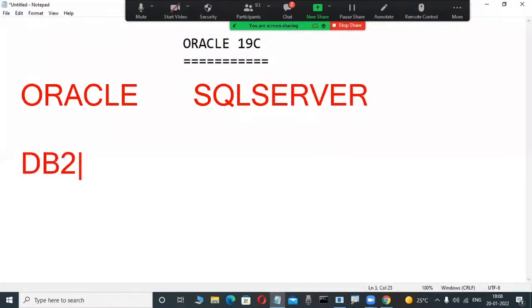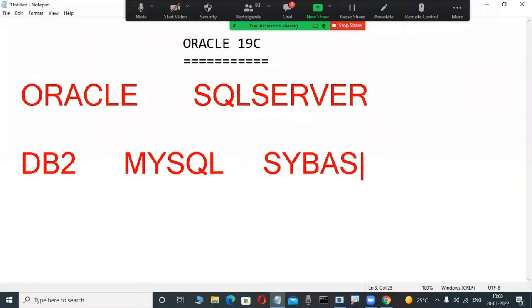DB2 is a database product from IBM. MySQL is an open source database product, but nowadays Oracle Corporation is purchasing it. Again, Sybase is a database product from Ingres Corporation.